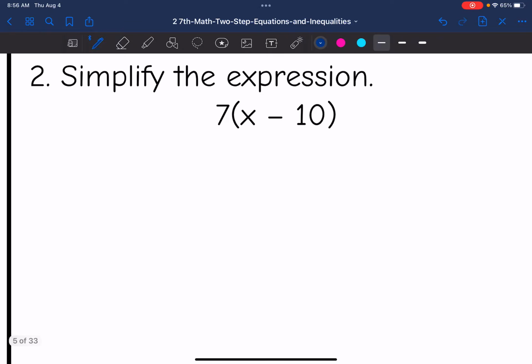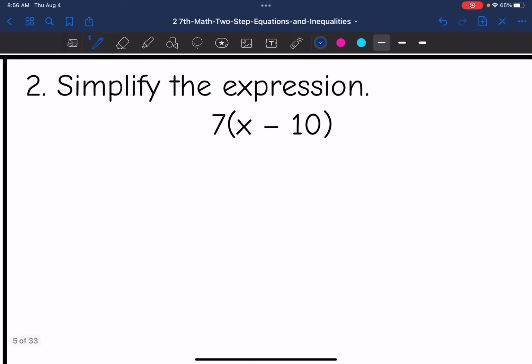All right, let's look at number 2. I'm going to distribute or multiply the 7 to the x and to the negative 10. So 7 times x would be 7x, and then 7 times 10, or you could think of this as 7 times negative 10, would be a negative 70.